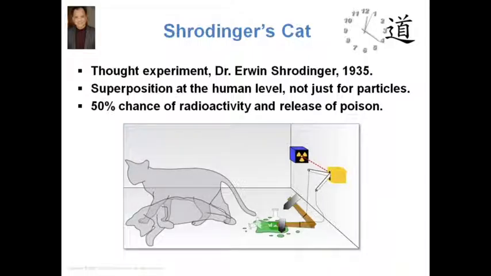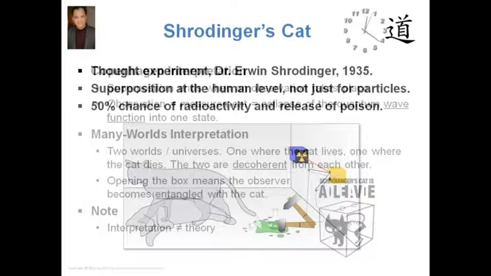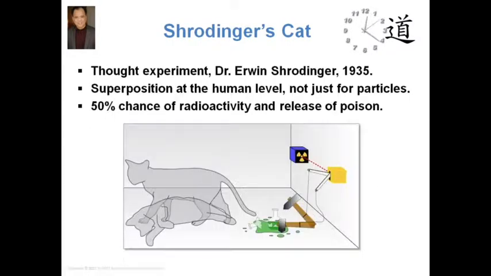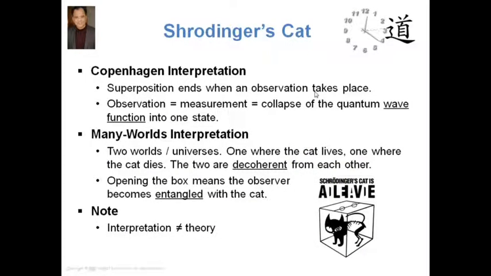Okay, so how do we interpret that? How do we interpret the state of the cat, the Schrödinger's cat? Superposition ends when observation takes place, when you open it up and hear the cat go meow, okay, it's alive. Observation is the same as measurement. That is, you are looking into it, you see what it is.